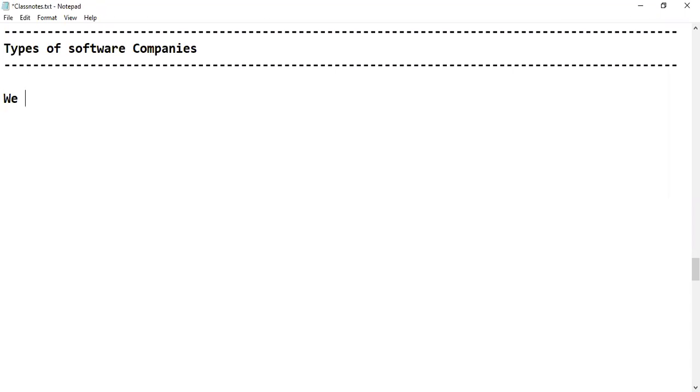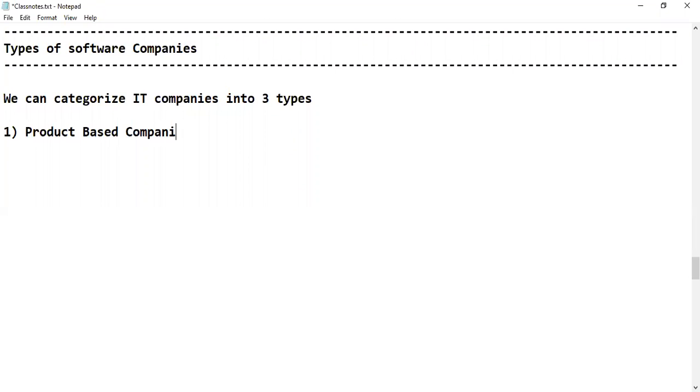We can categorize IT companies into three types. First category is product-based companies, guys. Second category, service-based companies. And the third category, outsourcing companies.